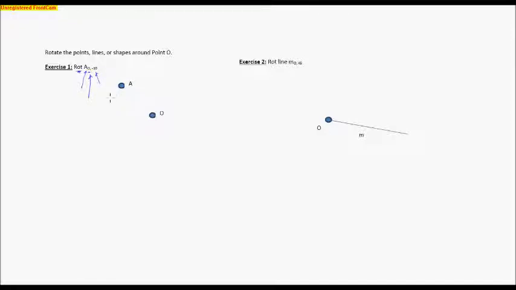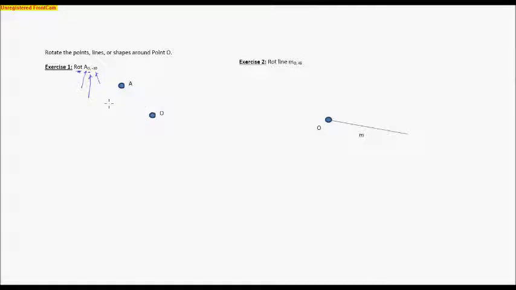There's lots of things going on right here. In order to rotate it exactly a negative 30 degrees, I'm going to have to use a protractor, and I'm going to have to flip over to the other video and show you exactly how to do this.